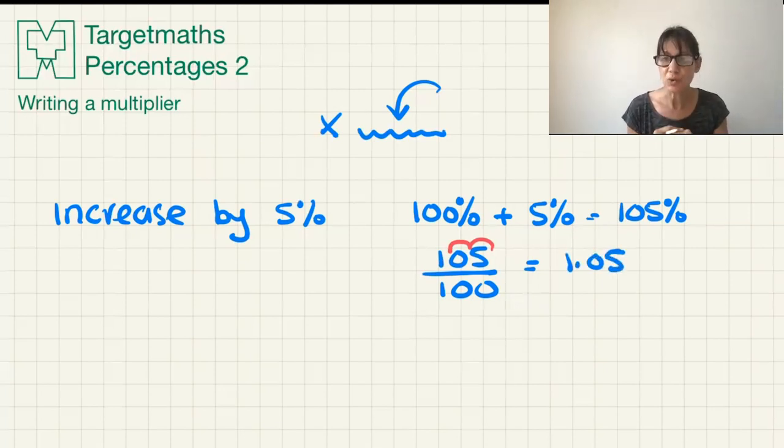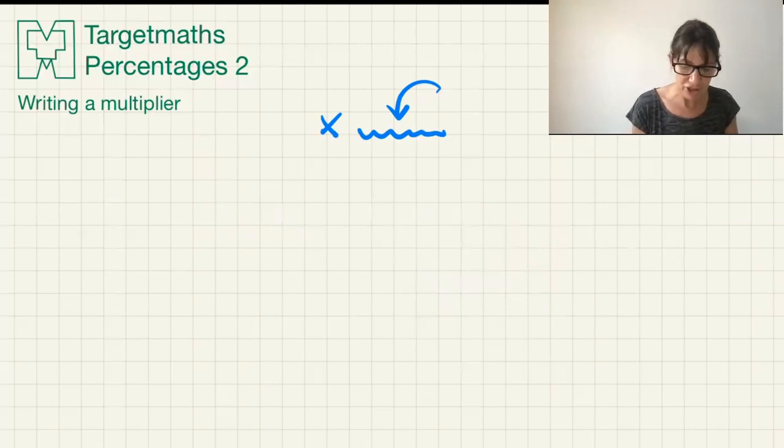Never take shortcuts. Do this step. The students that take shortcuts can go wrong. It's as simple as that. Make sure that you're writing it down so your eyes are showing your brain what it needs to do. Really, really important. One more increase, and then I'm going to show you decrease.